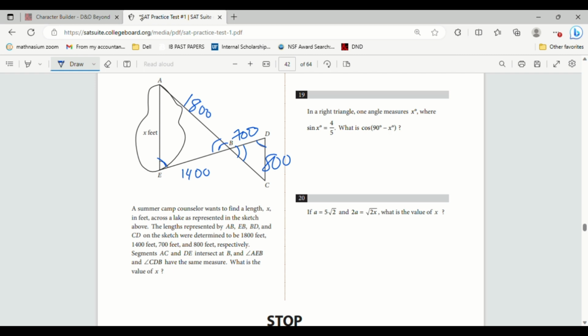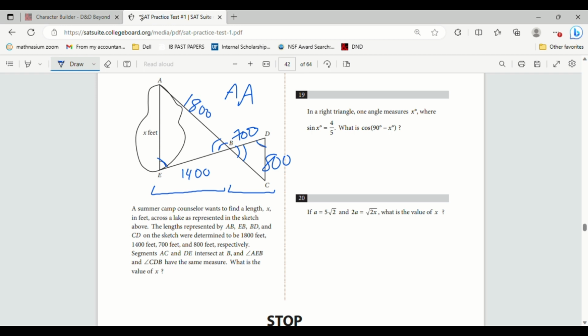We know that this triangle has angle-angle similarity, which means that all the side lengths on this triangle are in proportion to the side lengths on this triangle.